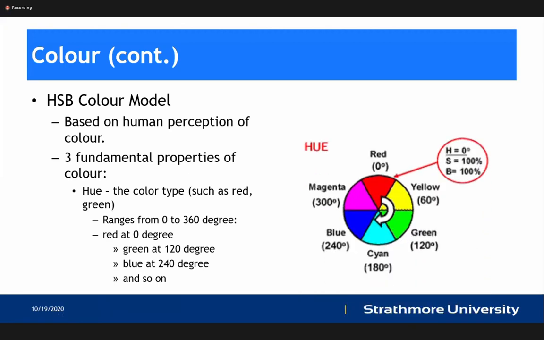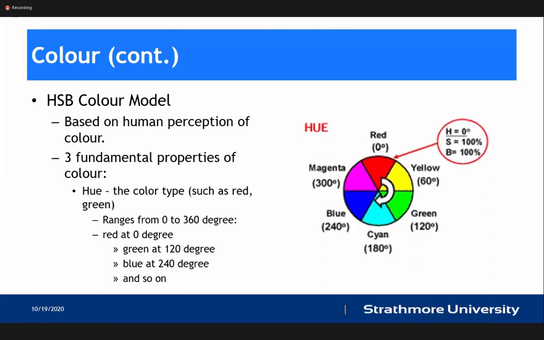Now, in HSB, which is the hue, saturation, and brightness color model, we go through the three fundamental properties. The hue is the real color, the pure color, the green, the magenta, the red. They are placed on a color wheel on a full circle, 360 degrees.